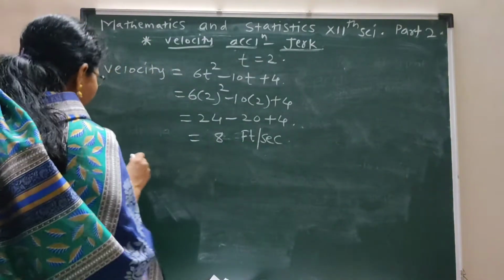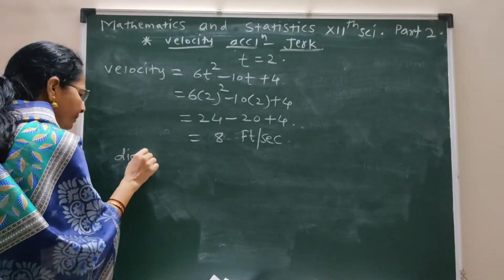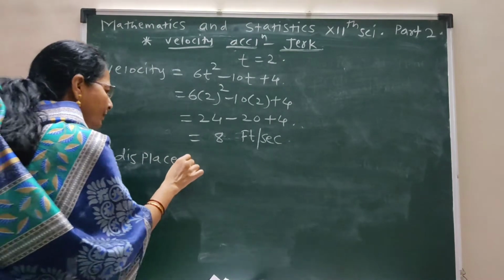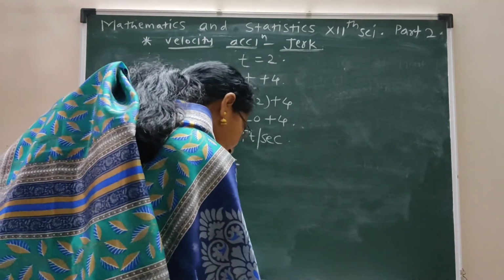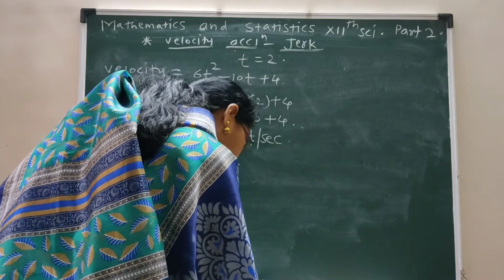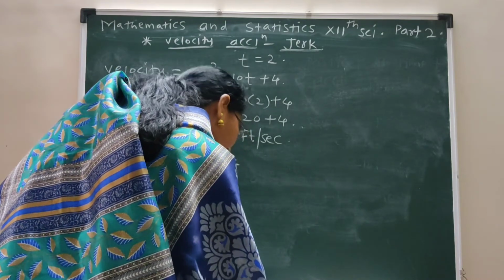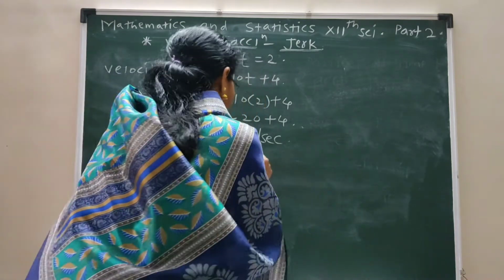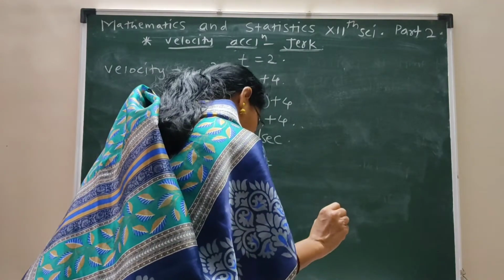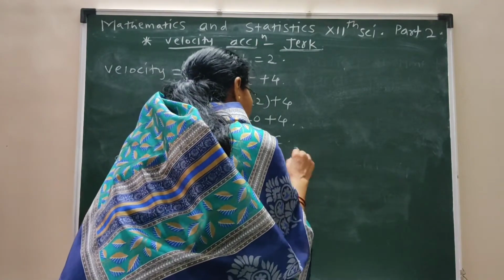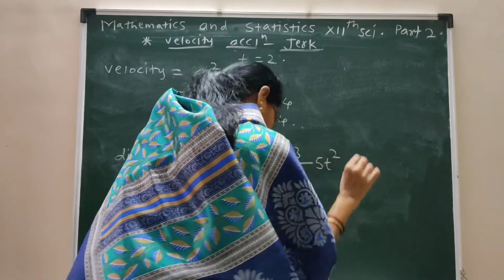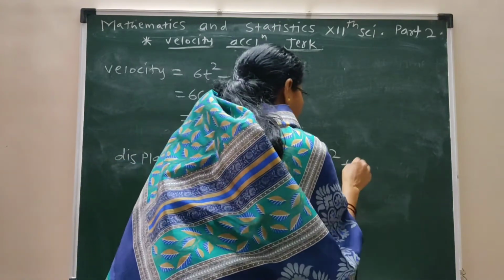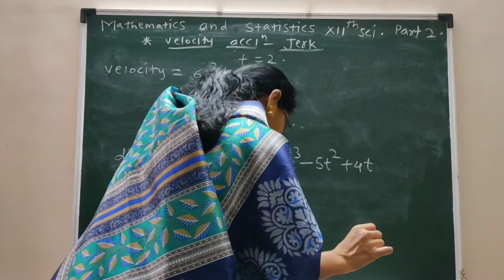So displacement. What is the statement of displacement? Displacement s is equal to 2t cube minus 5t square plus 4t minus 3.